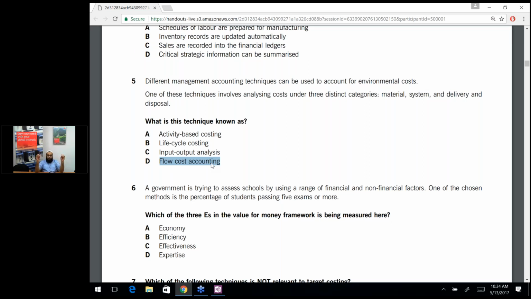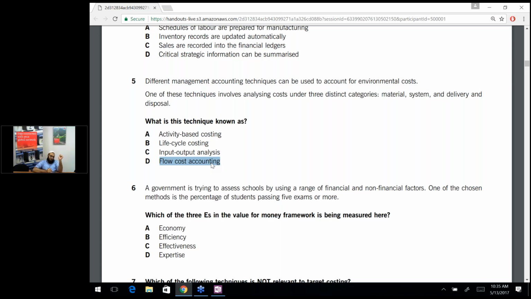I really want to teach you more of F5 so that it gets clearer for you, but because of the time shortage, I cannot. I would have explained in great detail what flow cost accounting is. But right now, just remember one thing: flow cost accounting tells you the entire flow of the material from input till output, and it uses three things for that: material, system, delivery and disposal.